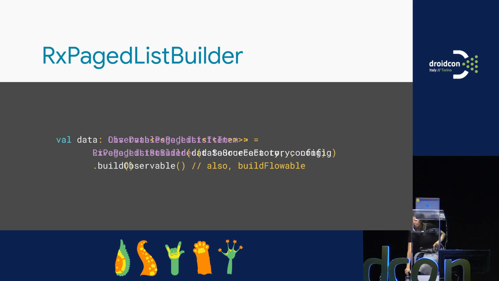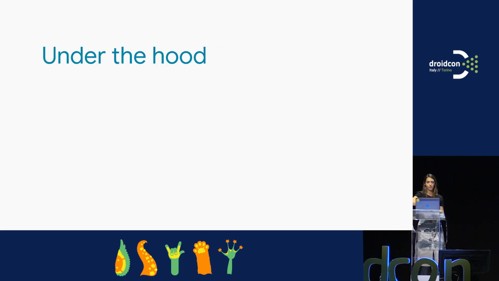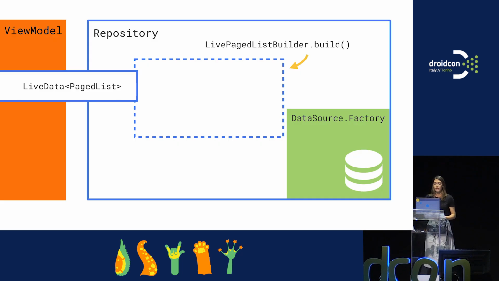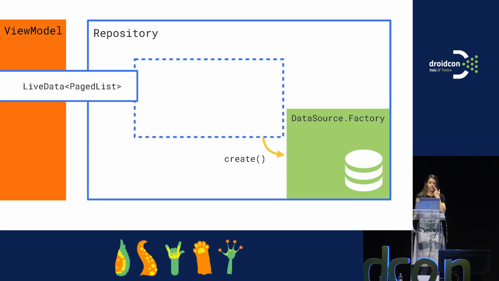OK, let's see what's actually going on under the hood, because that will help us understand better which data sources we should build. So in the repository, we would work with a LivePagedListBuilder, and we would call this build method. So when this is triggered, then the LiveData of a PagedList is created.